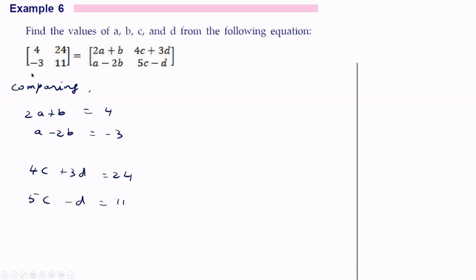Here each term is equal to the corresponding term in the other matrix. Now we can solve the first two equations and find a and b, and solve the other two equations and find c and d.